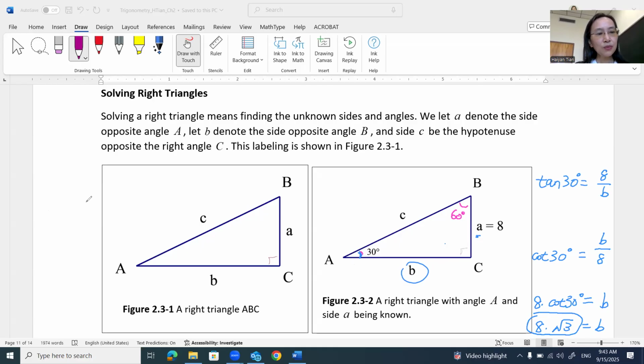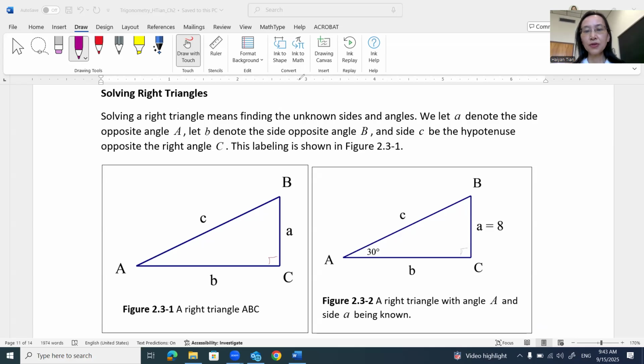Next, we want to continue to find c. The c can be easily found if you use Pythagorean theorem. That is, we can find c squared, right? Because you know a, you know b, and a squared plus b squared will be c squared.